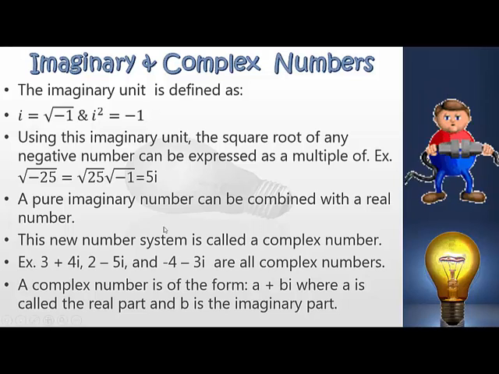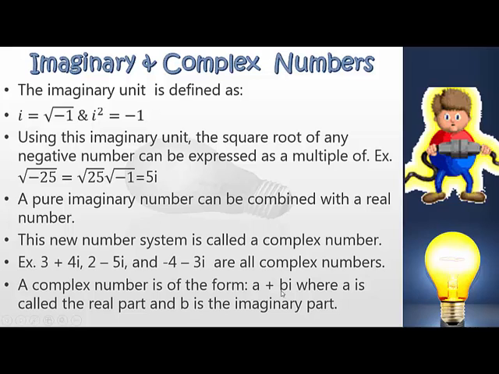So a complex number is of the form a, which is the real part, plus bi, which is the imaginary part.